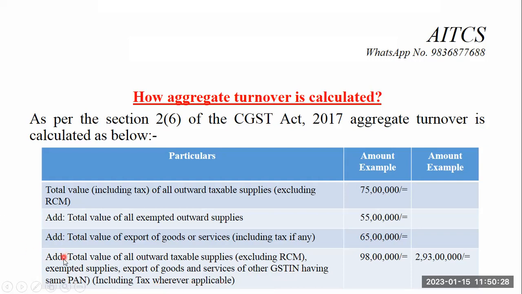It means if the business has any other branches or head office in India and the GST number is separate but based on the same PAN, then the total value of all outward taxable supplies, exempted supplies, and exports of goods and services of that branch should also be included in the calculation of aggregate turnover.